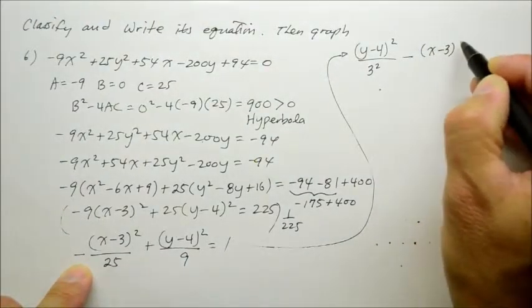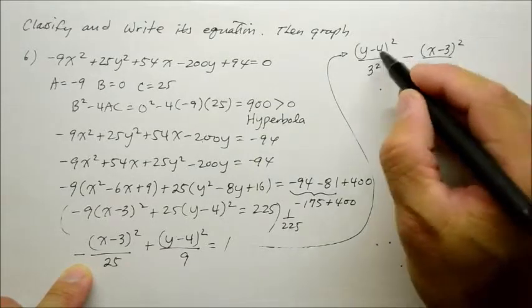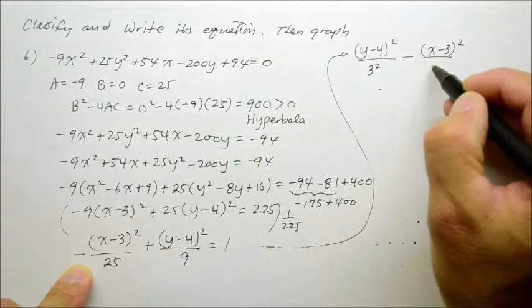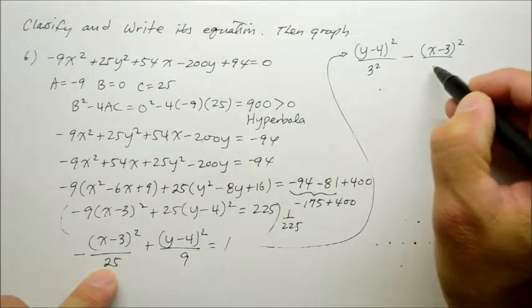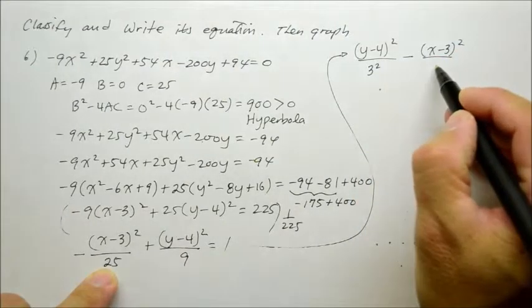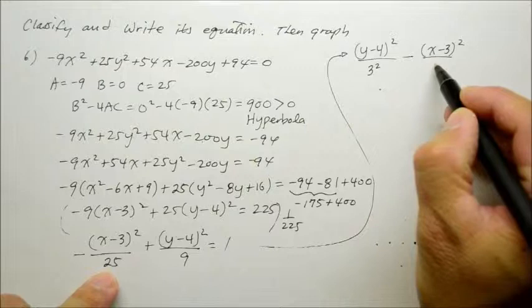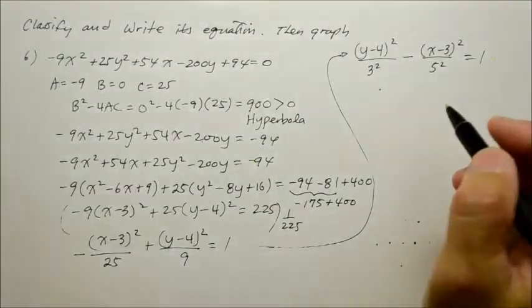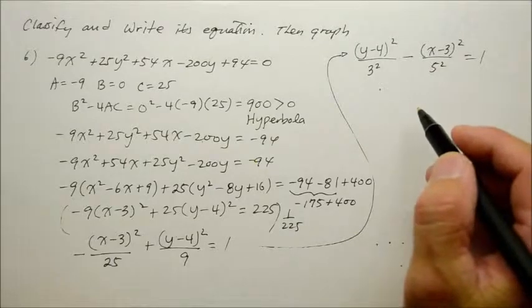That looks more like a hyperbola, but with the vertical transverse axis, since the y comes first. And the 25, wait a minute. Oh, yes. I almost screwed up here. 25 square rooted is 5 squared, equals 1. There we go. Now we got it.